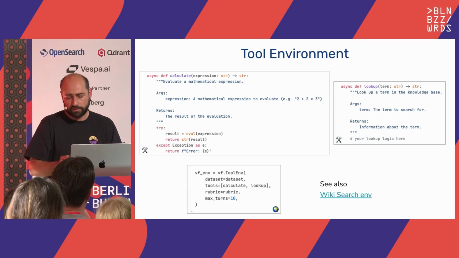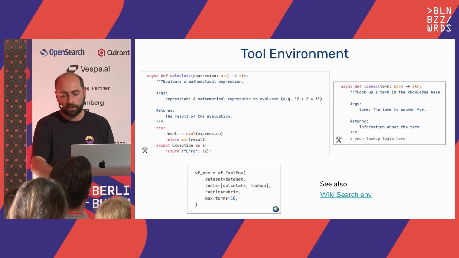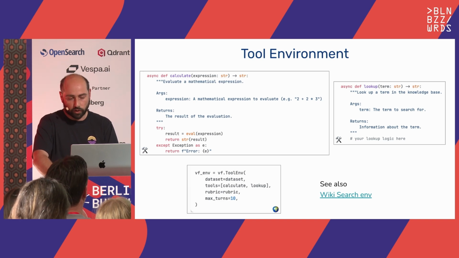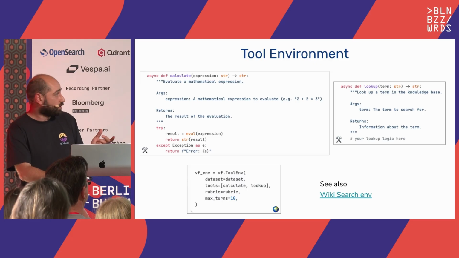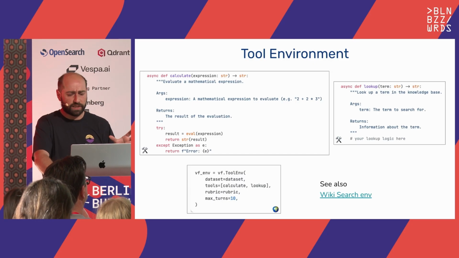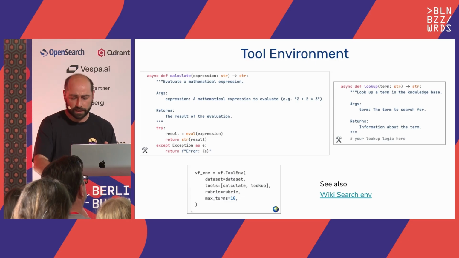The standard stopping condition for this kind of environment is when the model returns a response that does not contain tool invocations. This is pretty basic, but I also recommend taking a look at the wiki search environment, which is a bit more complex and realistic.